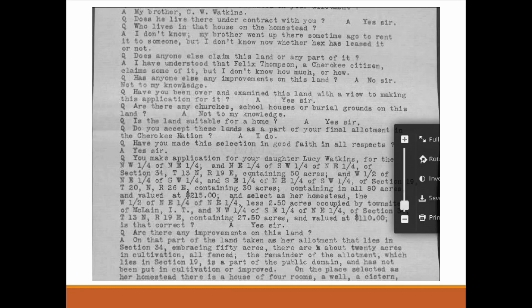And he says that there's no improvements on it, but there's some areas that's 20 acres in cultivation and it's all fenced. But my favorite question on these is that they would ask them, are there any churches, any schools, or any burial places on this property? Because as a genealogist, we're always interested in burial places.